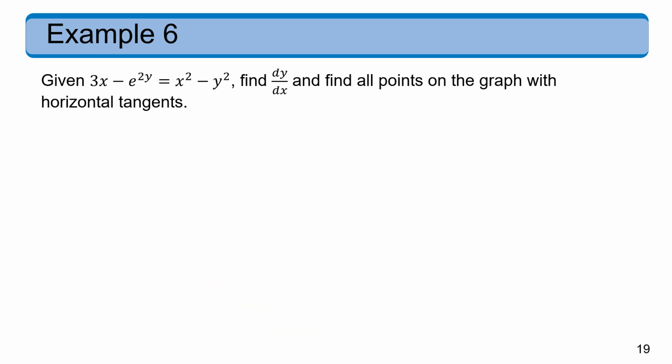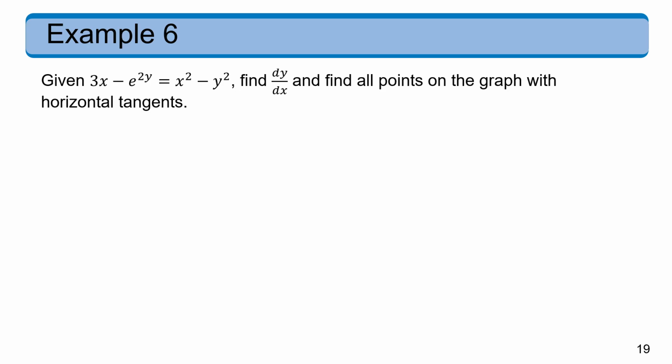We're given an equation and then asked to find dy dx. If this were a function, right, f of x equals, or y equals some expression with x's in it, we could just straightforwardly apply any of the differentiation rules we've learned that are appropriate. But this one is not in that type of form, right?